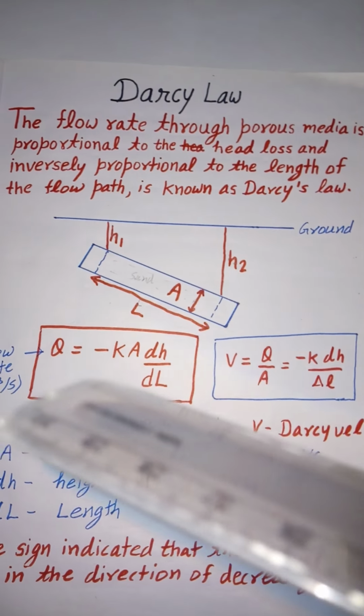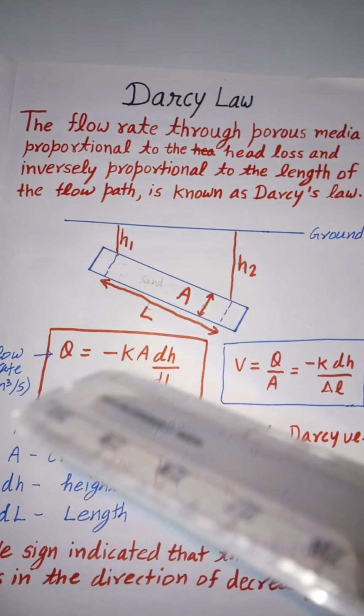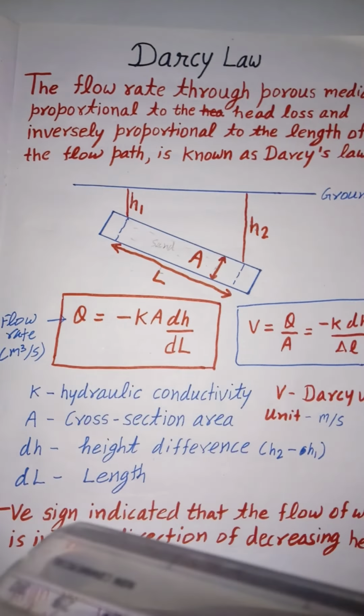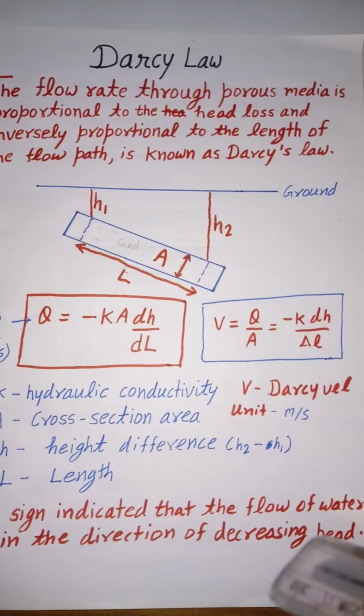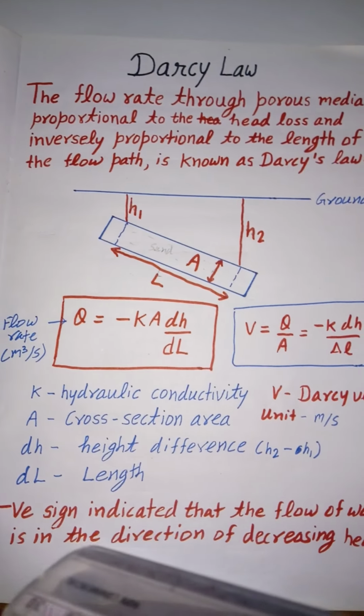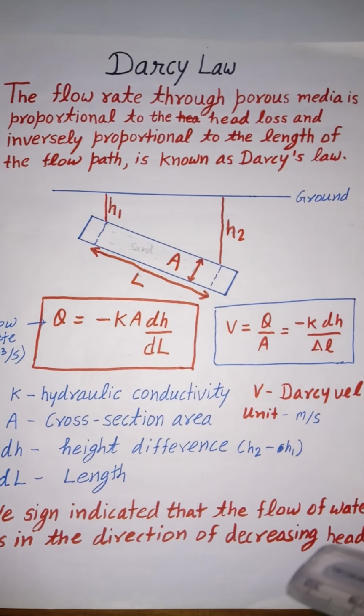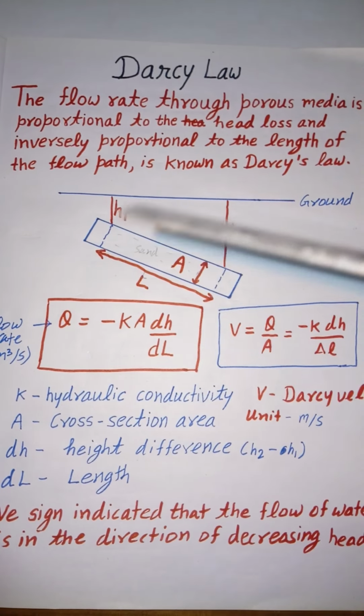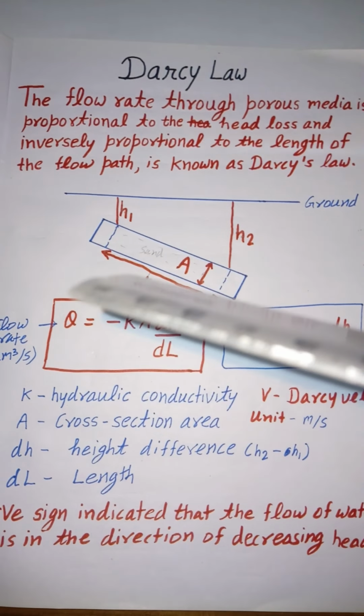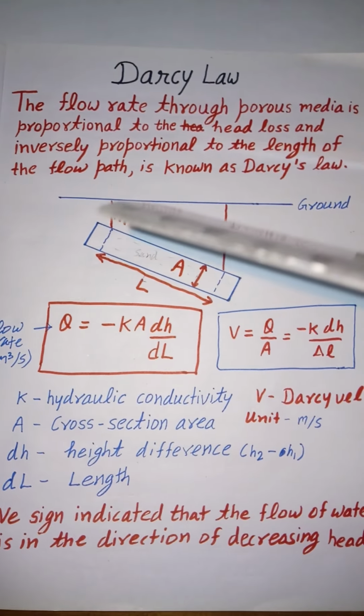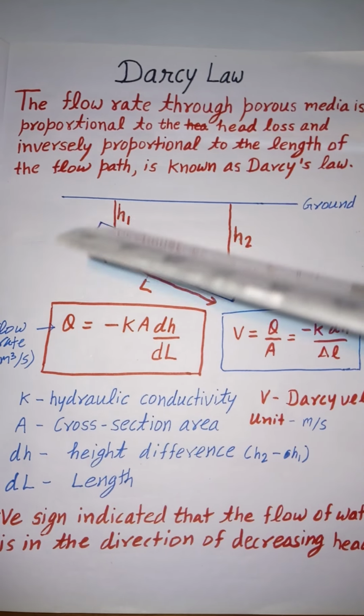Okay. Let's talk about this negative sign. Why is this negative sign there? This negative sign indicates that the flow of water is in the direction of decreasing head. This negative sign came just because of sign convention, because we measure height here as a depth.